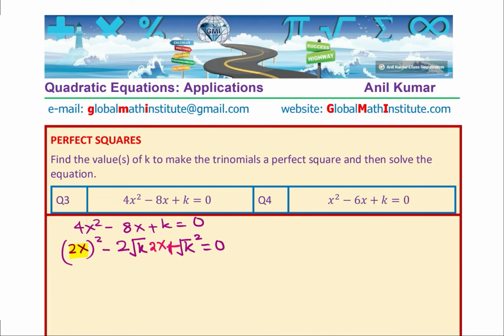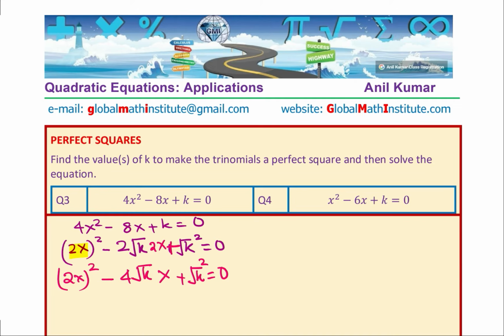So that is how you will be. So it becomes 2x whole square minus 2 times 2 is 4 square root k x, right? And we have square root of k square equals to 0. Makes sense? Now in this particular case, we have only one solution, right? Now what is that solution?